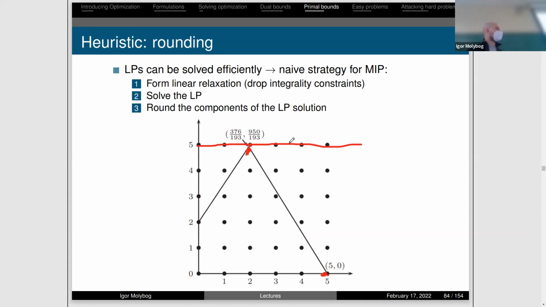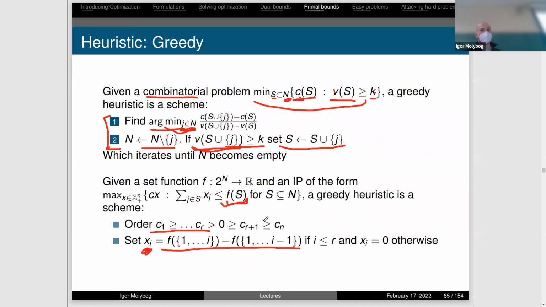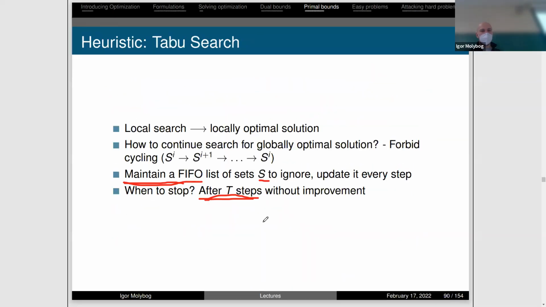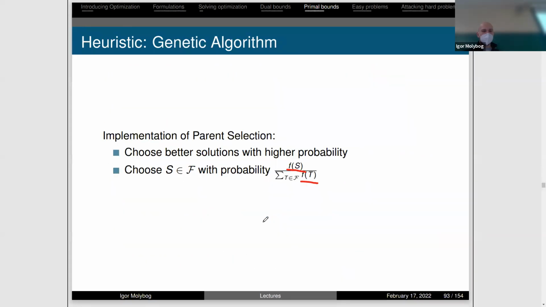And what's going to be the result of it? The next LP, what's going to be its optimal solution? It will be infeasible essentially, because our set x2 equal to 5 does not intersect the original set that we are optimizing over. Therefore, our heuristic here would not work. This was the precise example when rounding doesn't work.